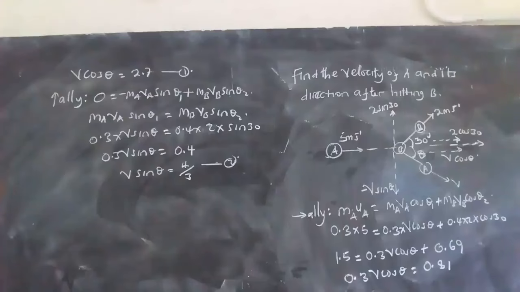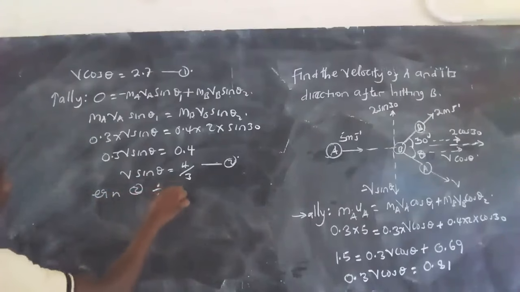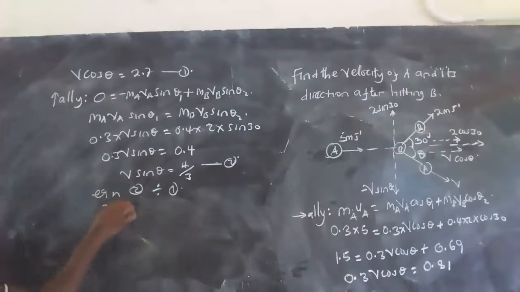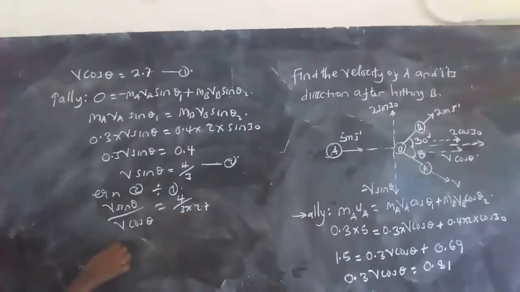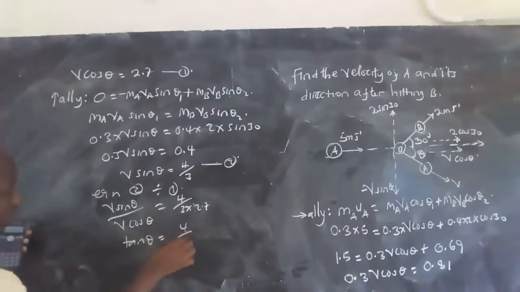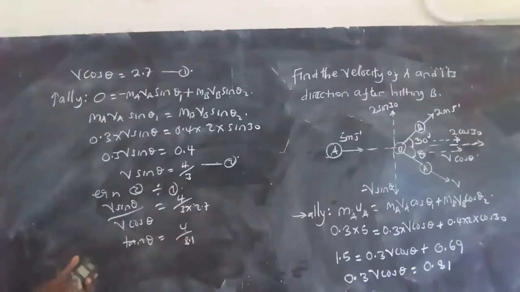How do we divide? Equation 2 divided by equation 1. So we have V sine theta over V cos theta, giving us 4 over 3 times 2.7. So tan theta is equal to 4 over 8.1, since 3 times 2.7 is 8.1.